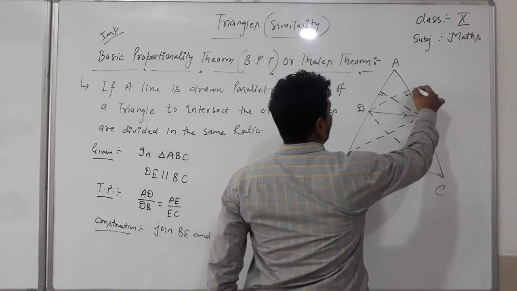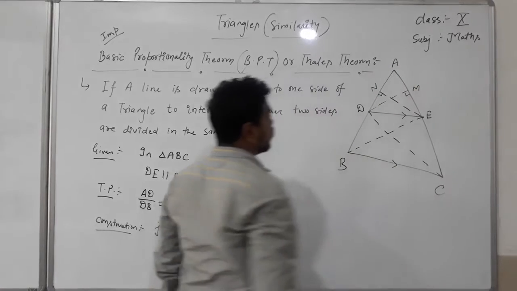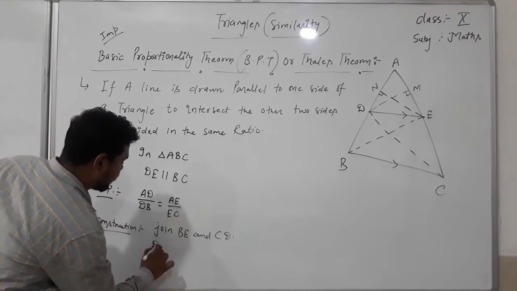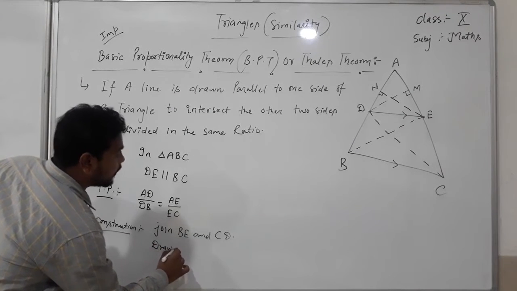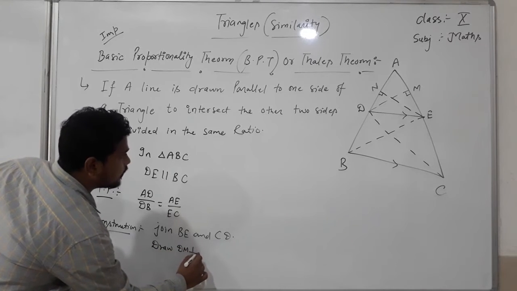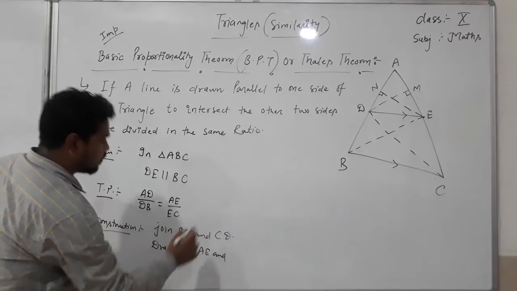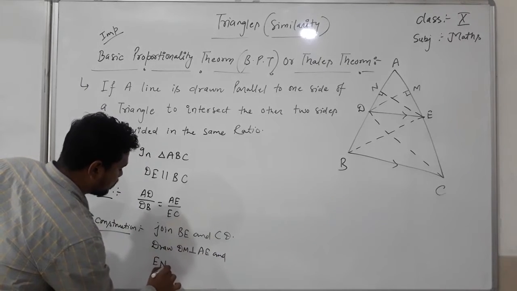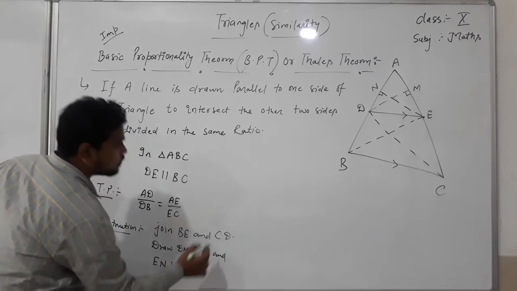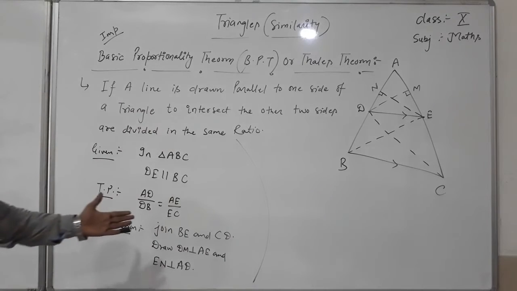Let these be M and N. So draw DM perpendicular to AE, and EN perpendicular to AD. These are the things in the construction.